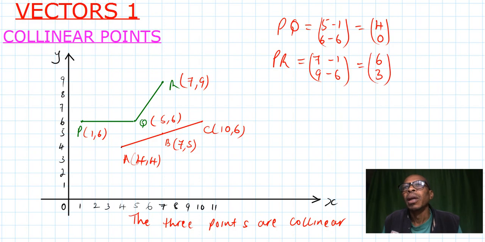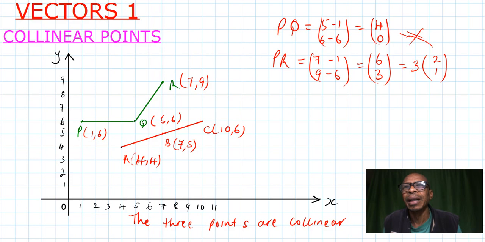You see, now there is no way we can write PQ in terms of PR. Even if we factor out 3 here, we will be left with 2 and 1. And you see, they are not equal.